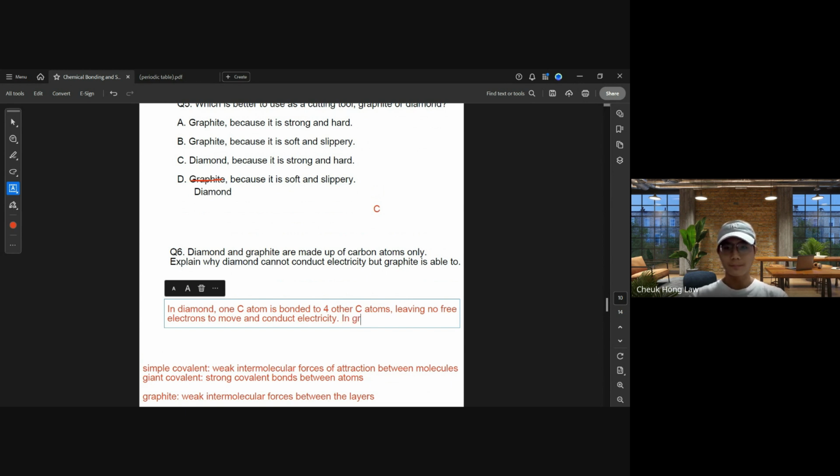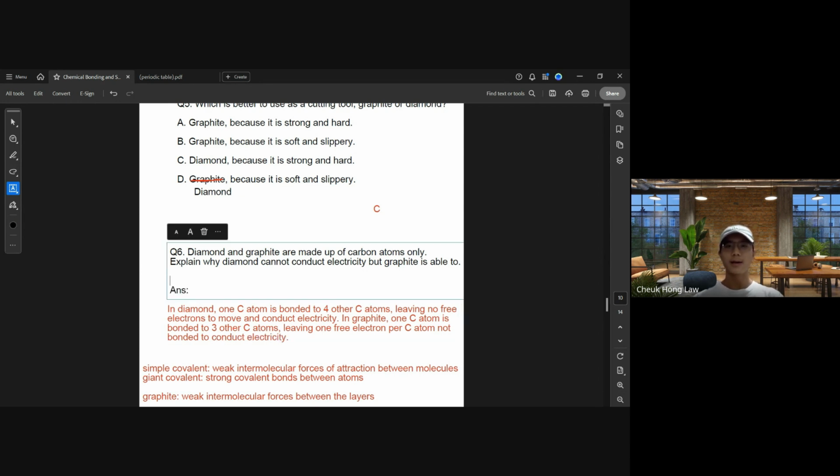But in graphite, one carbon atom is bonded to 3 other carbon atoms. So just one simple change from 4 other carbon atoms to 3 other carbon atoms leaves one free electron per carbon atom, not bonded, and these free electrons can conduct electricity.